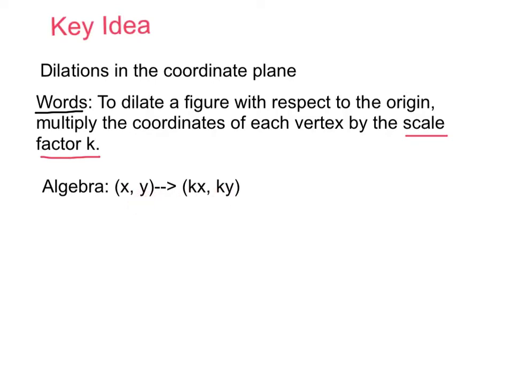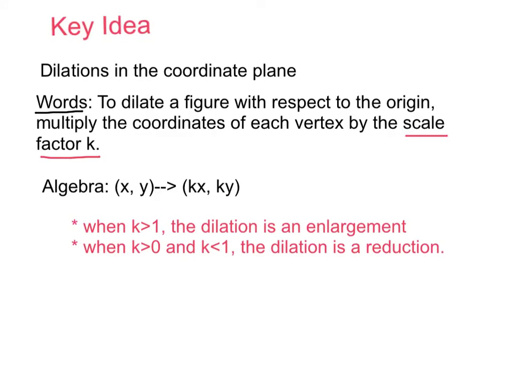Now k, there's two things you need to know. These two things are most likely common sense to you, but just to verify, we're going to go over these. When the value of k is greater than 1, the dilation is an enlargement. Think about it. If you multiply a number by a number that's bigger than 1, the number gets bigger. Therefore, the dilation is an enlargement.